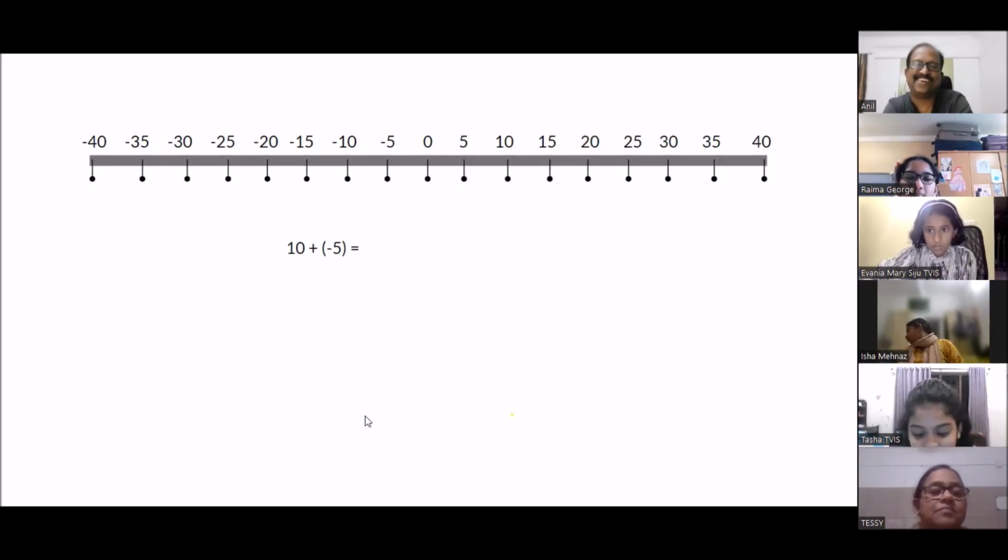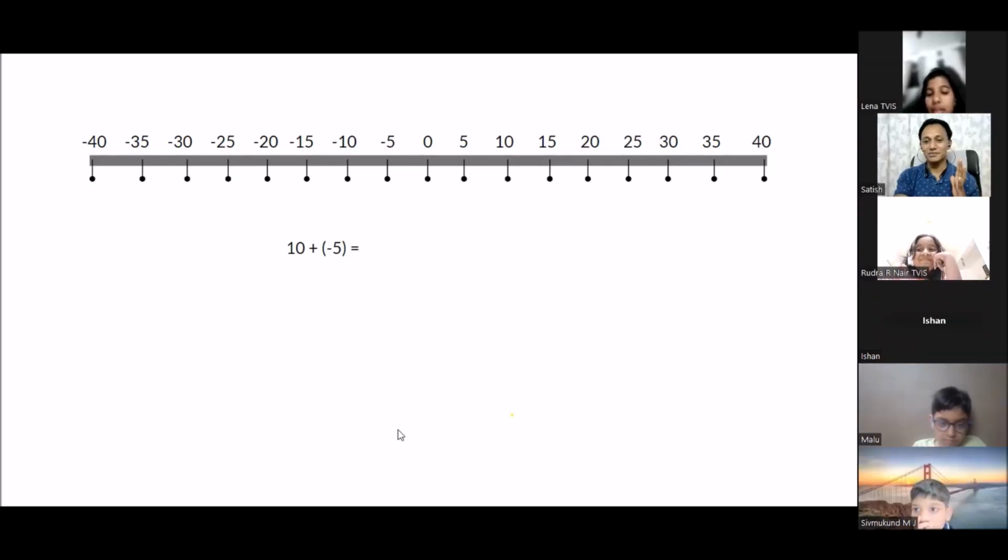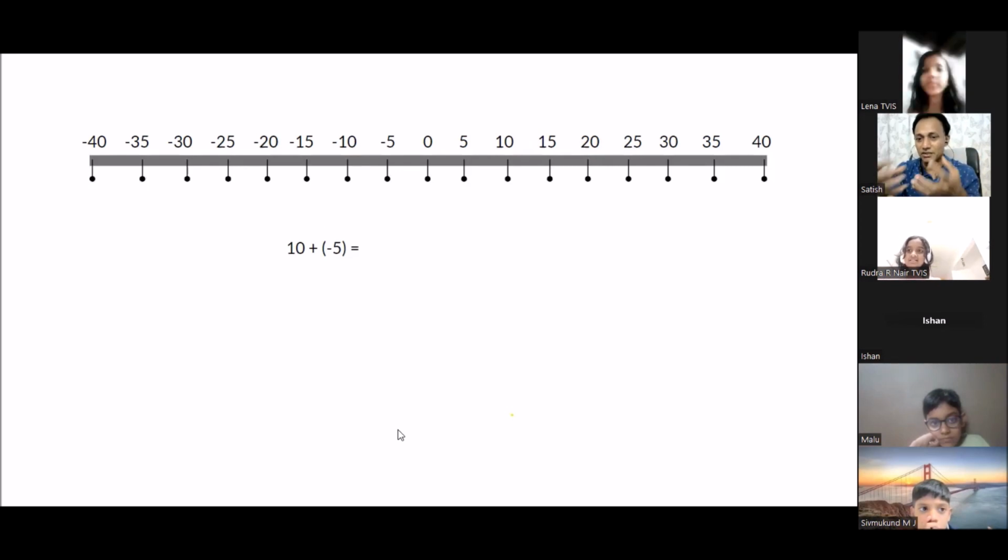See, Helen had only 2 toffees, but she likes toffee. So she borrowed 5 toffees from others and ate them. She's a chocolate maniac. She loves chocolates. So now what is her position? Poor Malu has collected chocolate from everybody, thinking that she and Helen will sit together and eat chocolate.